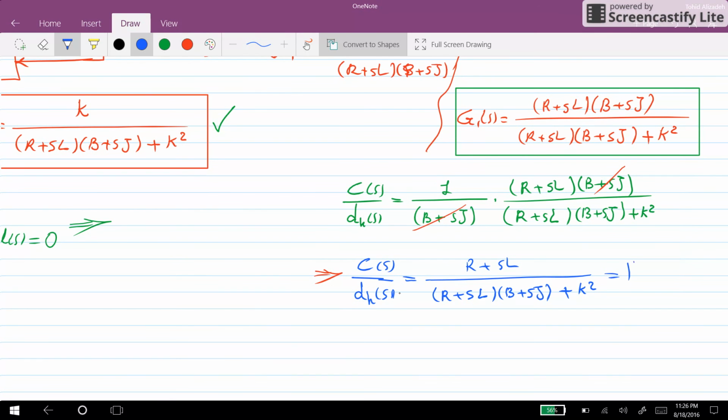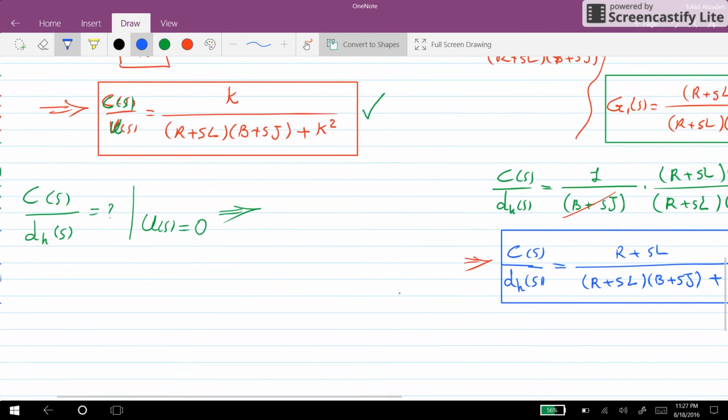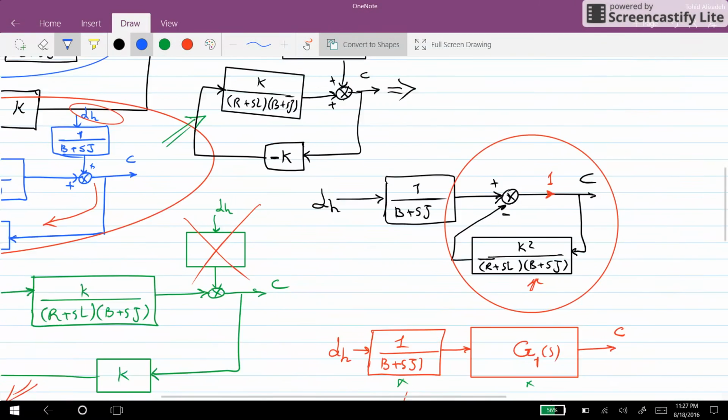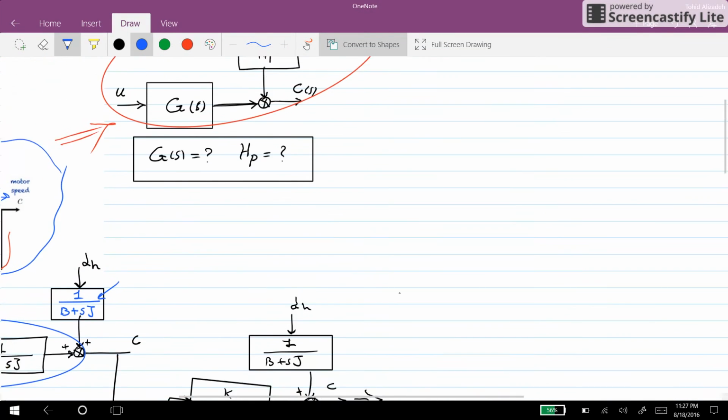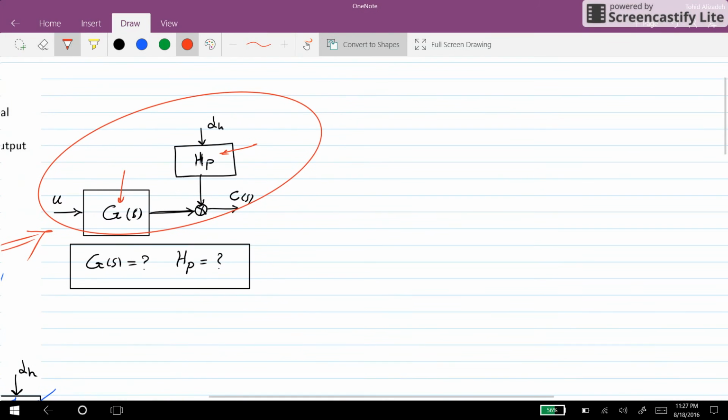And we call this HP. Okay, so now we can see that we have found the transfer functions that we would like to have, G of S and HP, in which I write it again here.